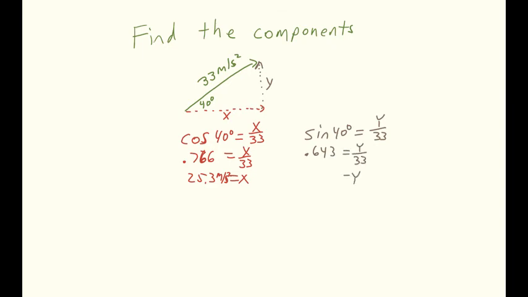In this case, I'm going to multiply 33 times 0.643, and we get 21.2. So my components would be, in the x direction, 25.3 meters per second squared, and in the y direction, 21.2 meters per second squared. So find the resultant, find the components. Those are the two things we want to work on this week.